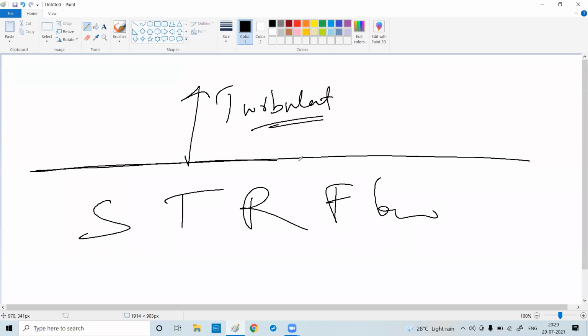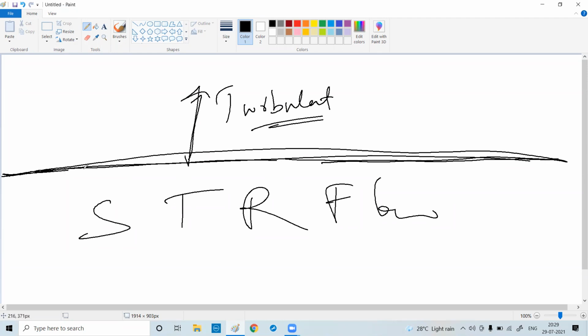So the velocity beyond which the streamline flow becomes turbulent is called critical velocity. It is a minimum velocity. If you go above this, then it becomes turbulent. Is it clear? Very, very important, guys.